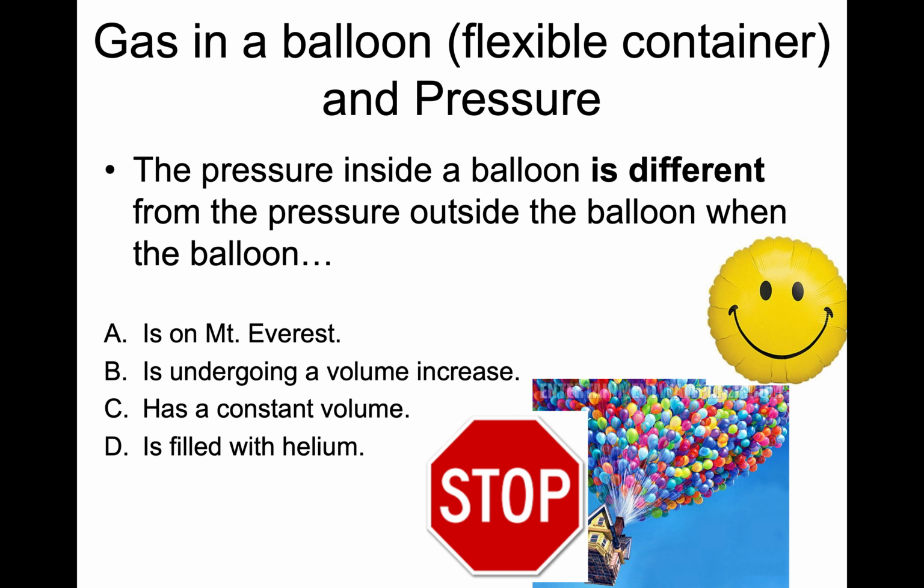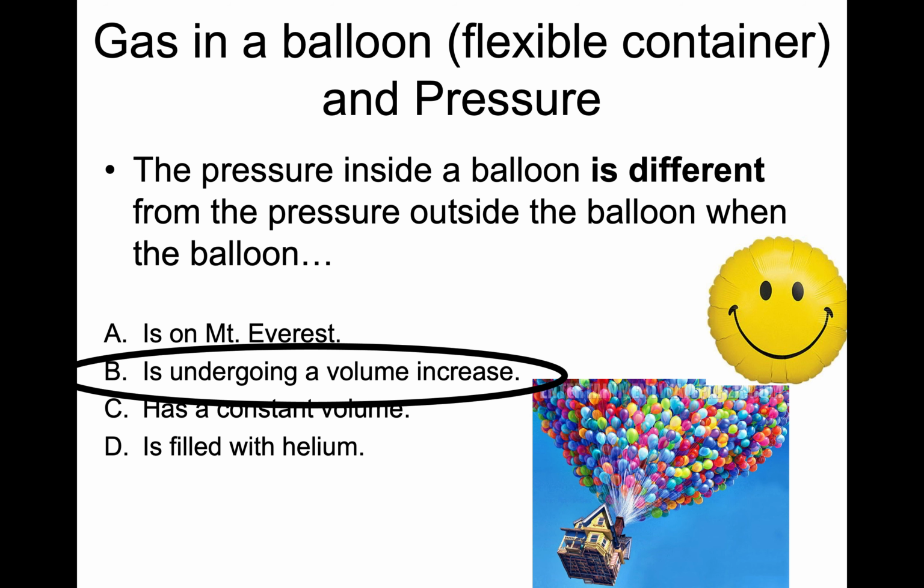What are your thoughts? I think when it is undergoing a volume change, the pressure inside is not equal to the pressure outside. The force acting inside the walls are not the same as the force acting outside. When the pressure is different, the volume will change.